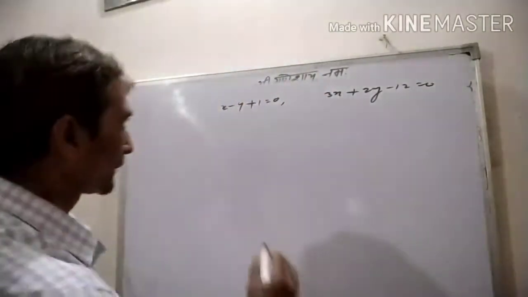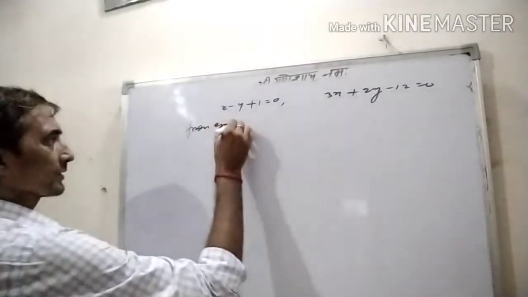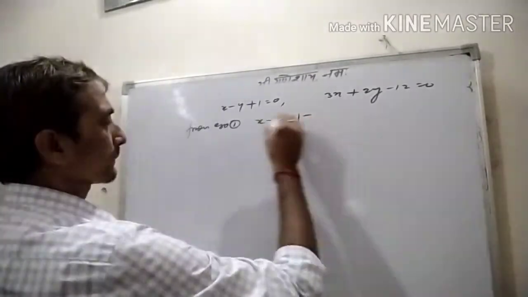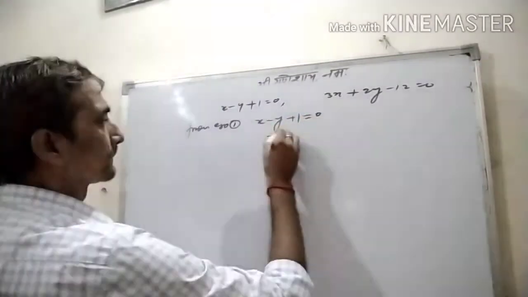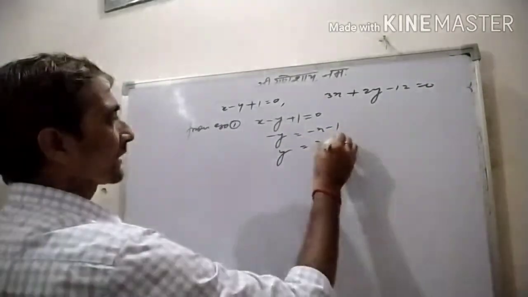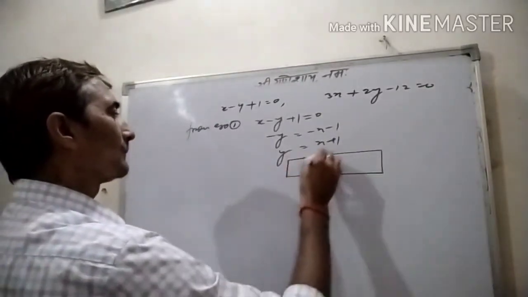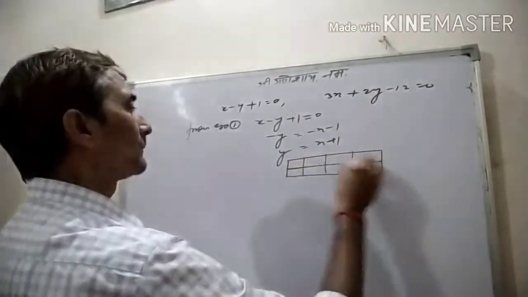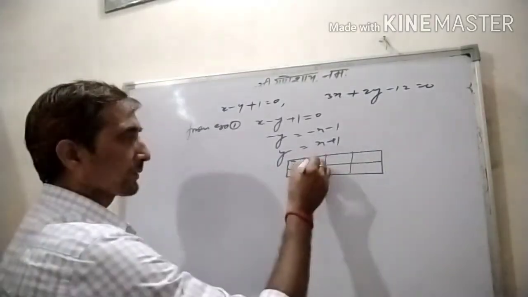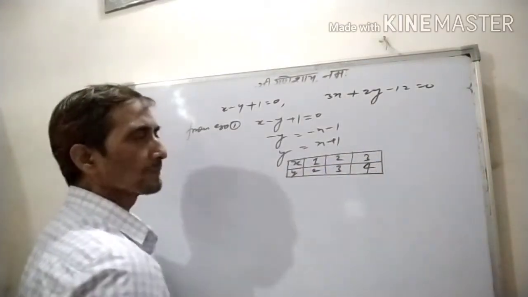Now come and try to see equation 1: x minus y plus 1 equal to 0, so y equal to x plus 1. Draw a table. Suppose x takes the values 1, 2, 3, then y is 2, 3, 4.